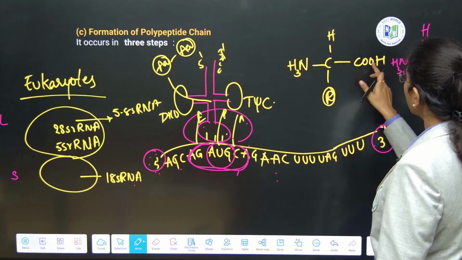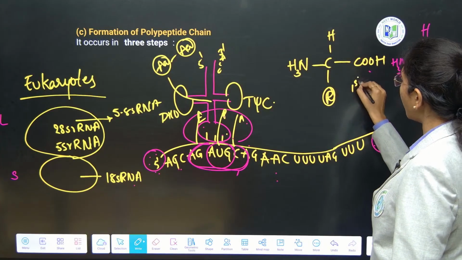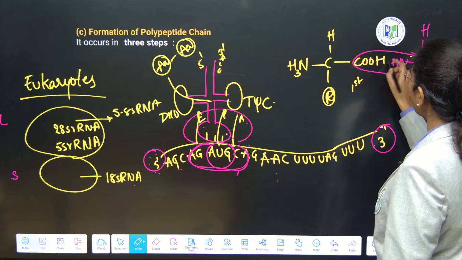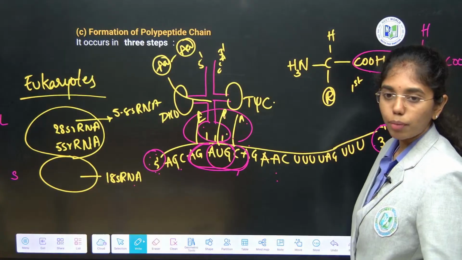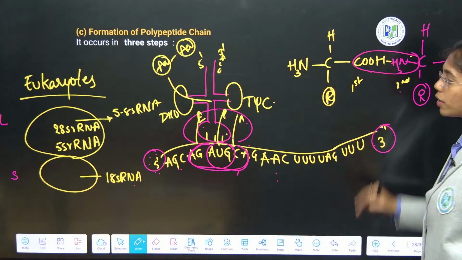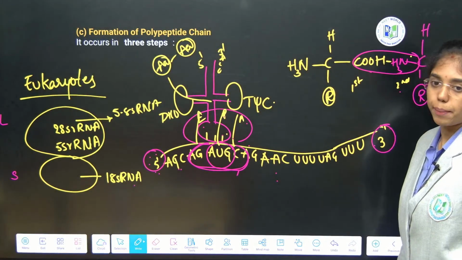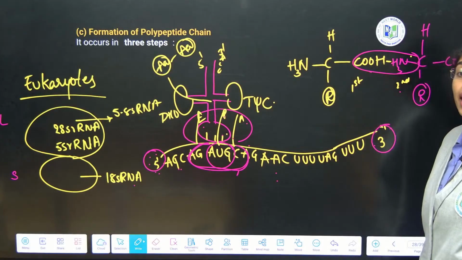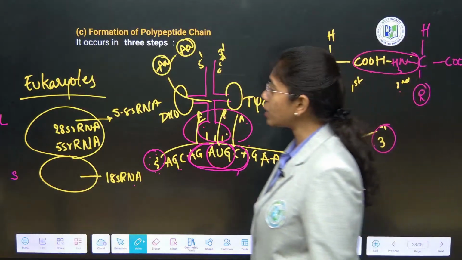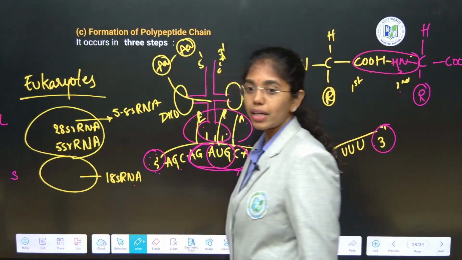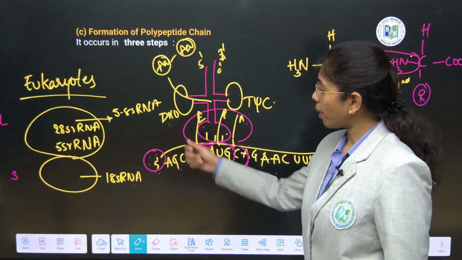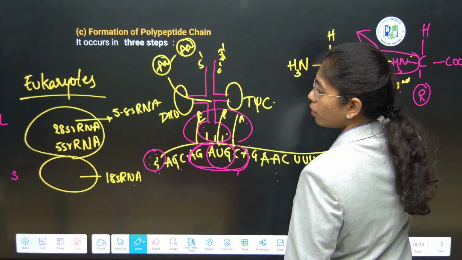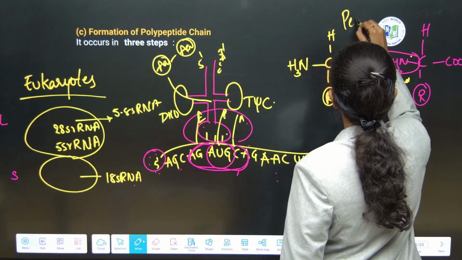So, the carboxyl group of the first amino acid is bound to the amino group of the second amino acid. This bond is formed by the enzyme peptidyl transferase, which is synthesized from 28S rRNA of the ribosome. What is the enzyme required for peptide bond formation? Peptidyl transferase.